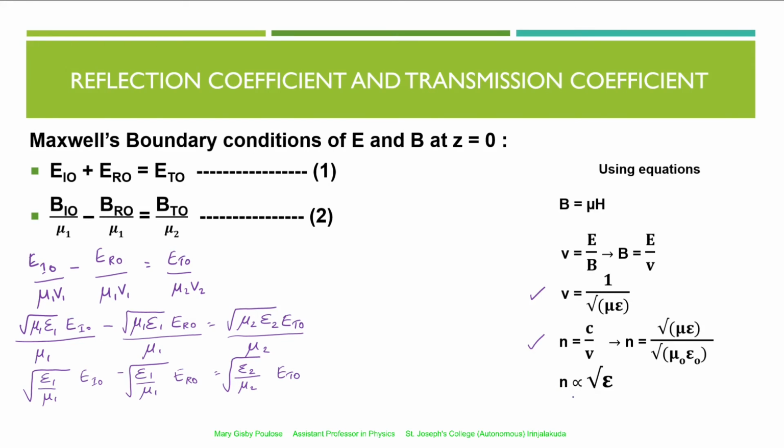That implies that the refractive index is proportional to the square root of permittivity of the medium. Thus, taking these assumptions to this expression, I can write n1 Ei naught minus n1 Er naught is equal to n2 Et naught. And let this be your third equation.